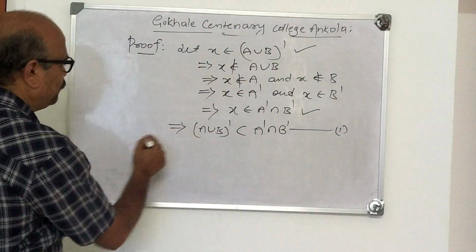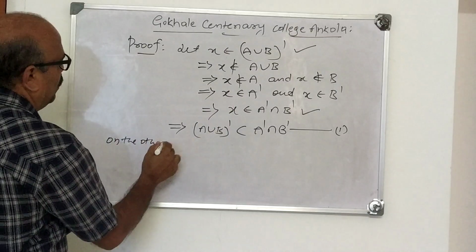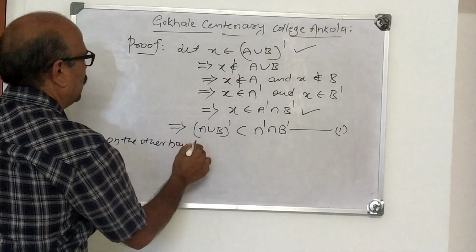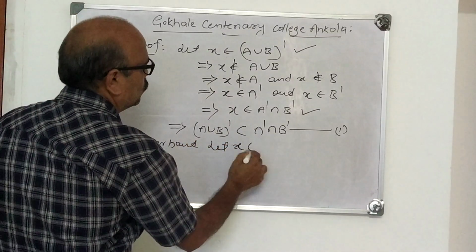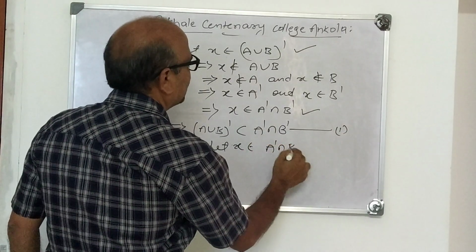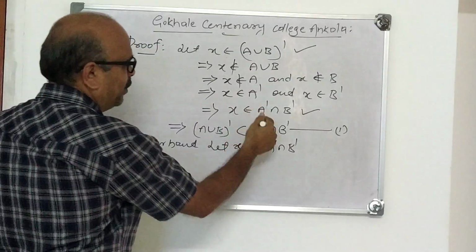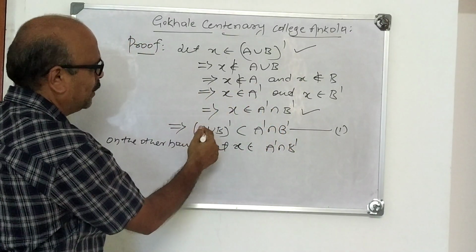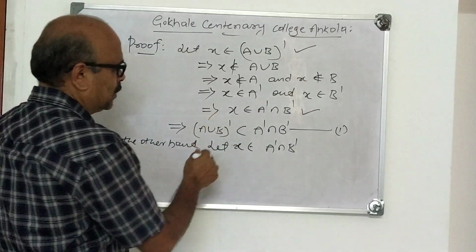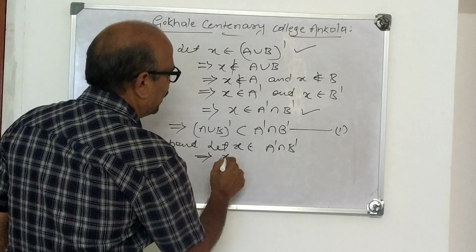Now on the other hand, let x belong to A complement intersection B complement. In the reverse way, we have to prove that A complement intersection B complement is contained in (A union B) complement. Suppose x belongs to A complement intersection B complement. What does this imply?